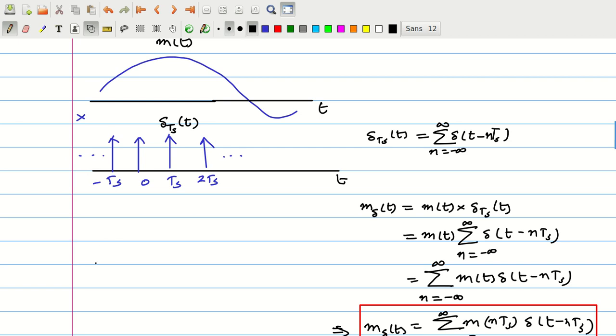So we get a signal, let us first make the profile to clearly show it.